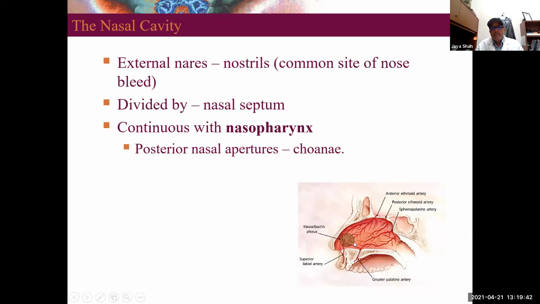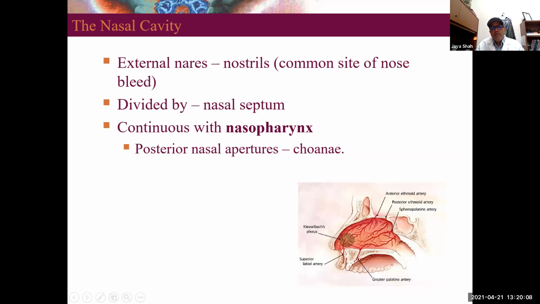So Kiesselbach's plexus is the area where all these arteries become capillaries and join with each other. That's why we call it a vascular plexus. In this vascular plexus, the capillaries are very tiny and numerous, and they are covered by just epithelium and mucous membrane. So they are very superficial.